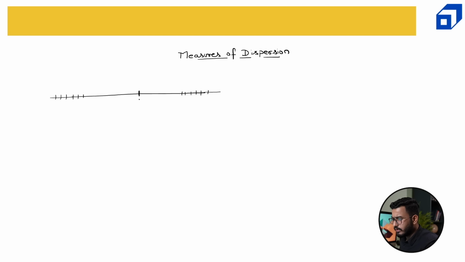So remember, this is my center of the data while these are my data points. Here you can see that your data points are very far away from the center of the data. So it will have high dispersion.